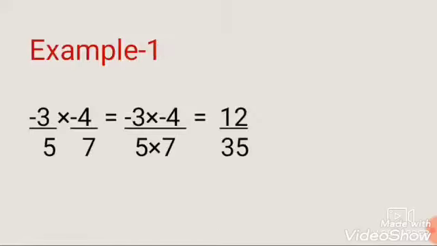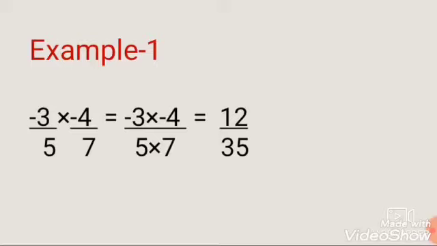Let me prove with an example. In this, I taken two rational numbers as minus 3 by 5 and minus 4 by 7. So in this I am going to multiply these two terms. It is in the format of a by b into c by d. So I get minus 3 into minus 4 divided by 5 into 7.